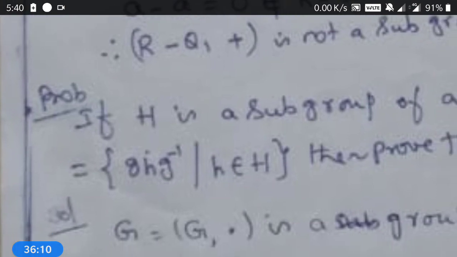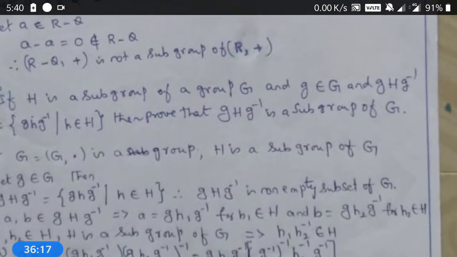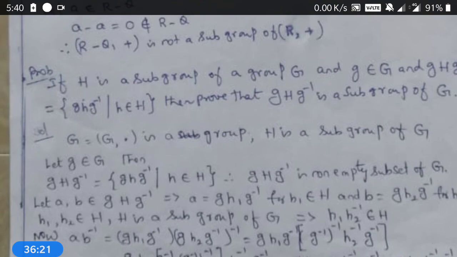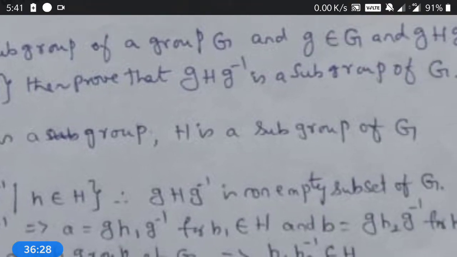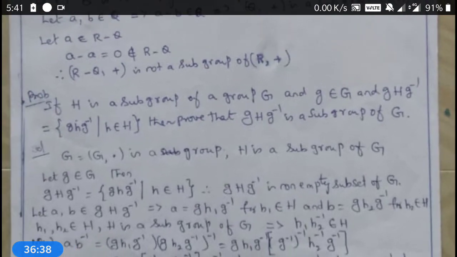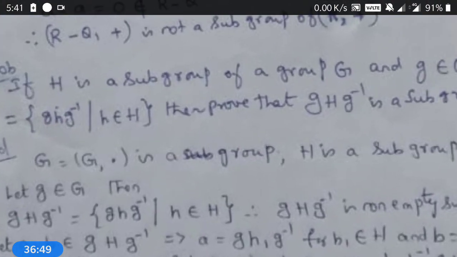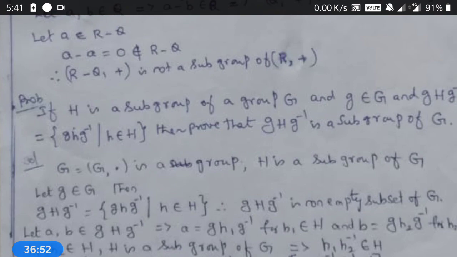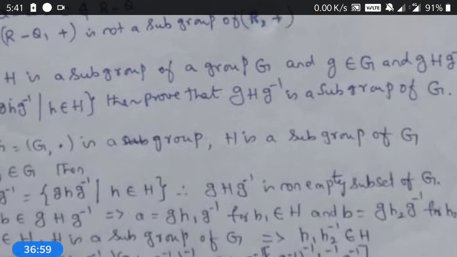And next problem. If H is a subgroup of G, and g belongs to G, and gHg inverse is the set of g h g inverse such that h belongs to H, then prove that gHg inverse is a subgroup of G. Once again, if H is a subgroup of G, and small g is an element in G, and gHg inverse is the set of g h g inverse such that h belongs to H, then prove that gHg inverse is a subgroup of G. Solution.